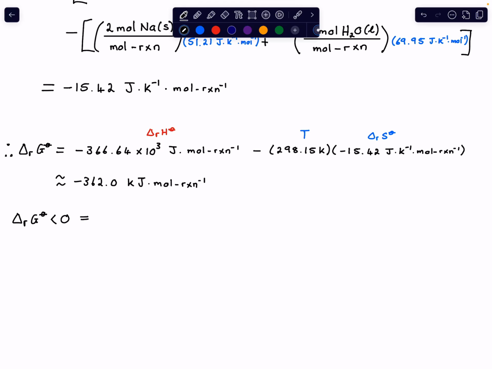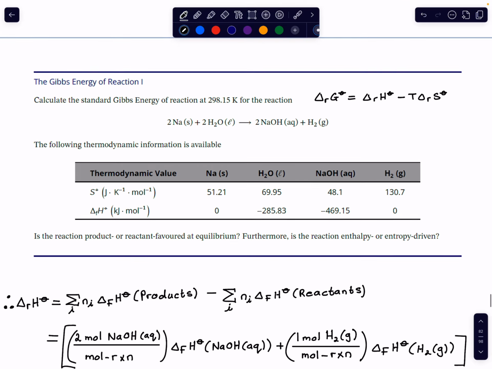So that means we have a product favored equilibrium, and we will have a large K constant associated with it. You can actually calculate the K constant now, but it's not asked.